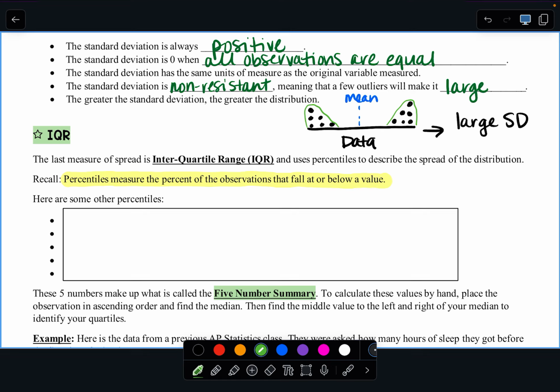Okay, IQR, 5-number summary, and box plot all kind of go together. The first thing I'm going to mention, IQR pairs with your median. So this means it's for our skewed data or data with outliers, or both.